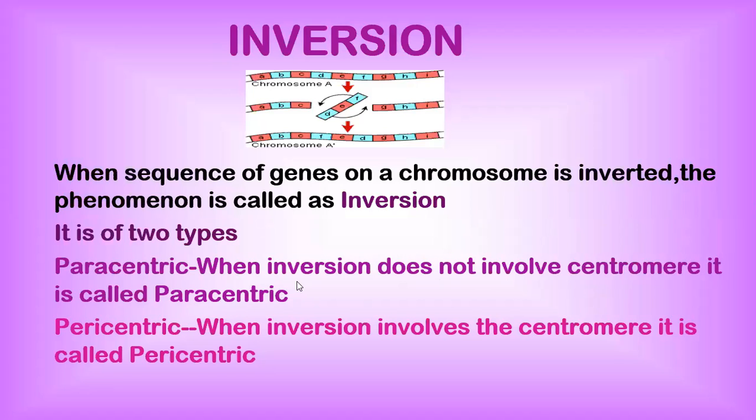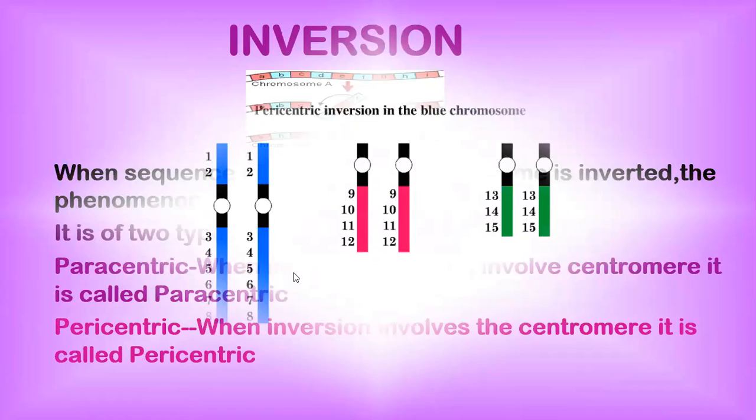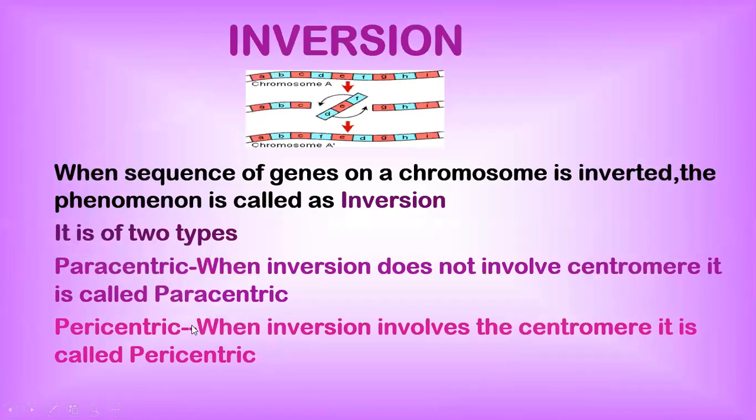I repeat, inversion without centromere is called paracentric inversion. The second type is pericentric inversion. When inversion involves the centromere, it is called pericentric.